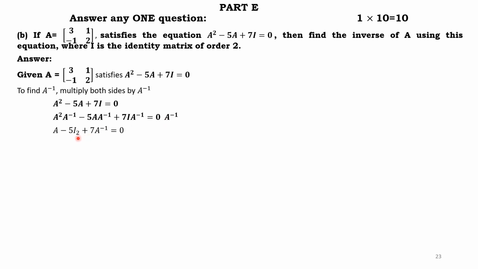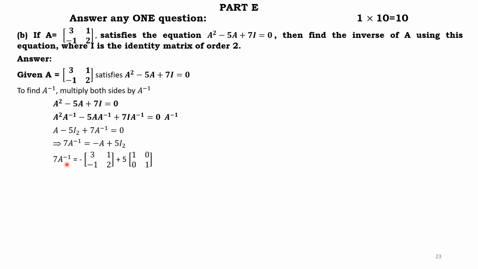Therefore, A square into A to the power of minus 1 is A, minus 5 times I2, plus 7 into A to the power of minus 1 equals 0. That is, 7A to the power of minus 1 equals minus A plus 5 times I2.